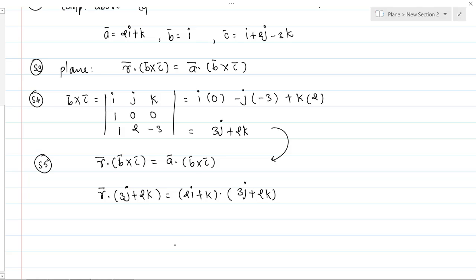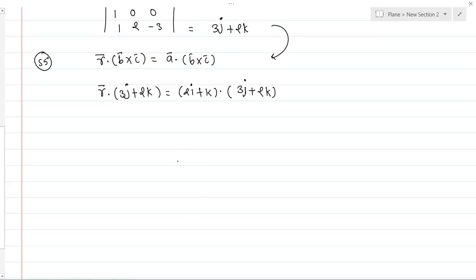Let's solve this RHS. 2i into 0 is 0i, 0j into 3j is again 0j, and 1k into 2k is 2. So here i and j will not come, only 0 will come, and with this j also will not be there. So it is 0 plus 0 plus 2, which equals 2.